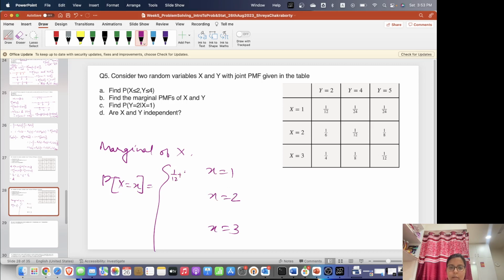We'll just add up 1 by 12 plus 1 by 24 plus 1 by 24. And 1 by 6 plus 1 by 12 plus 1 by 8. So this will be 1 by 6. This will be how much?